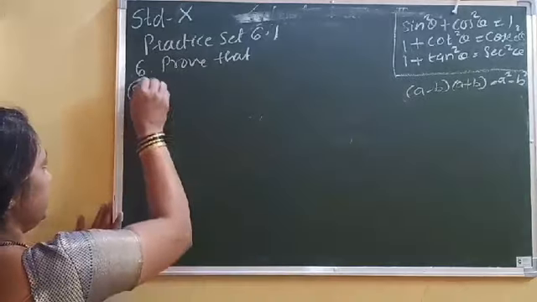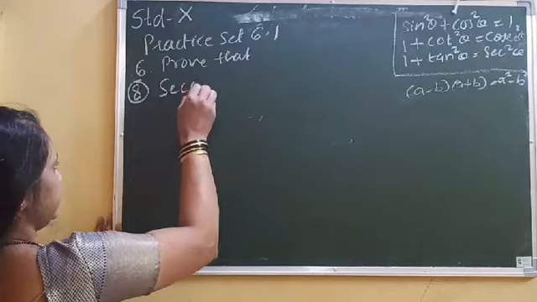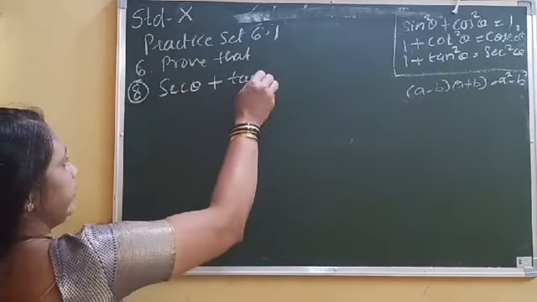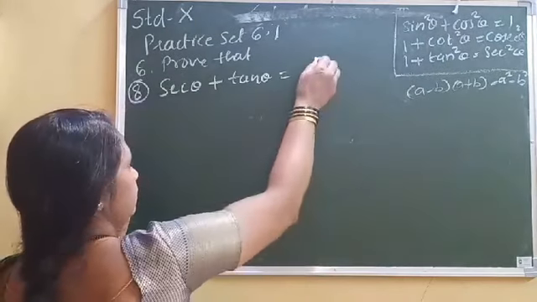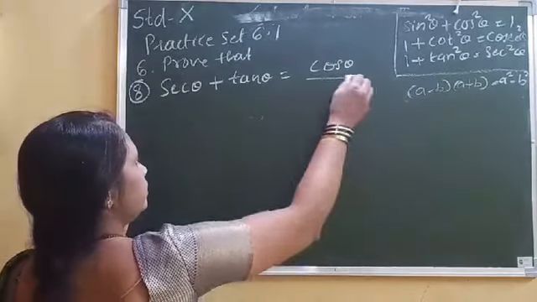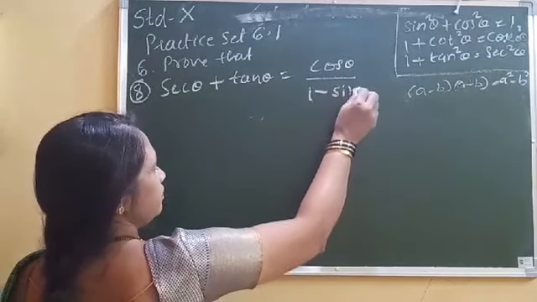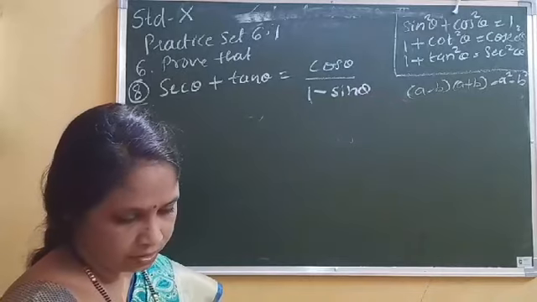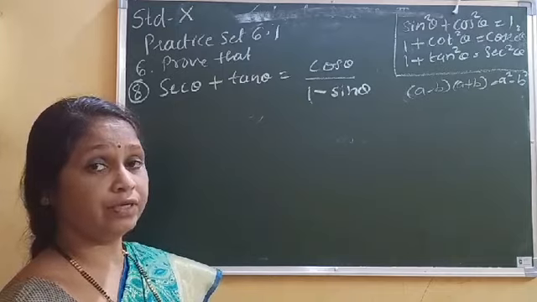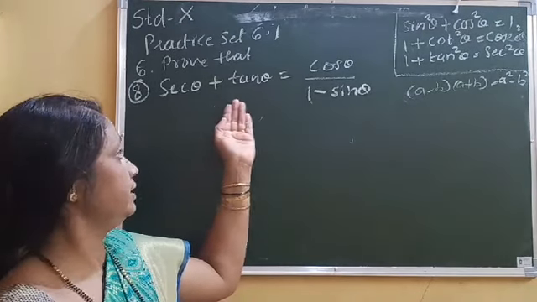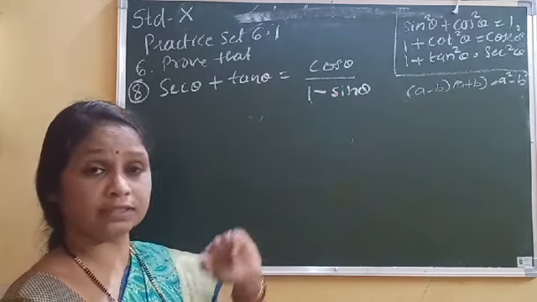Eighth example: sec theta plus tan theta is equal to cos theta upon 1 minus sin theta. Now here what you should do: the LHS side is in terms of sec and tan, but the RHS side is in terms of cos and sin.